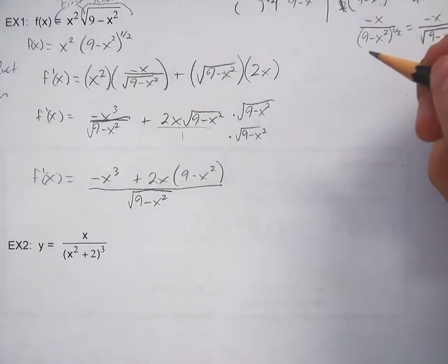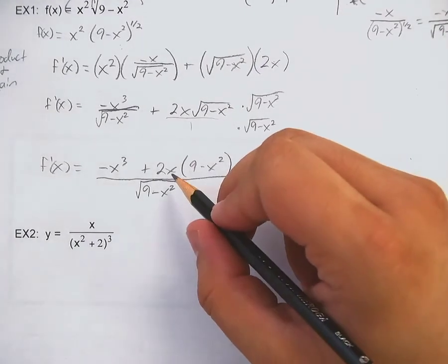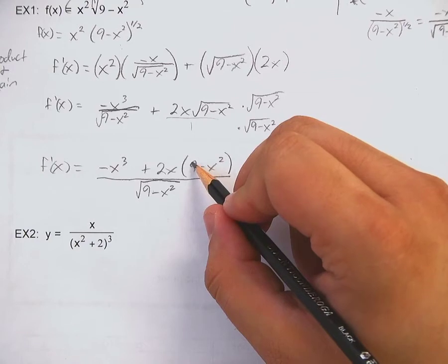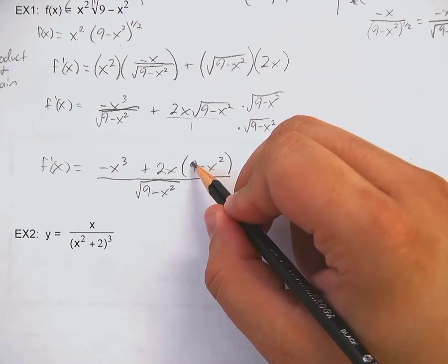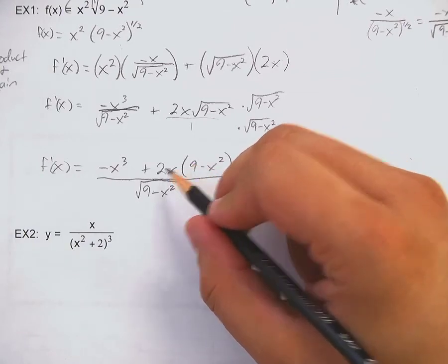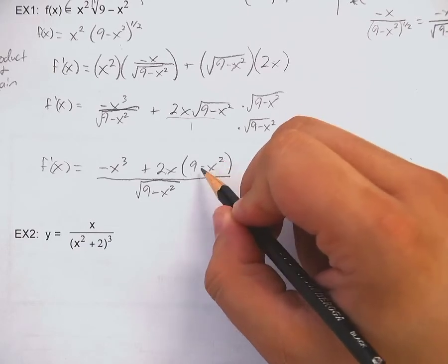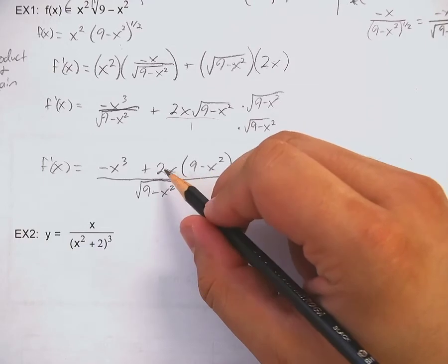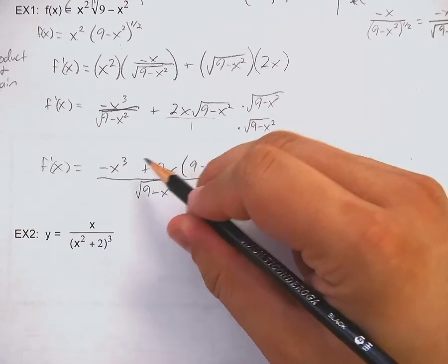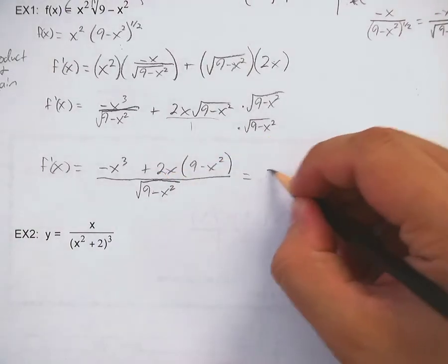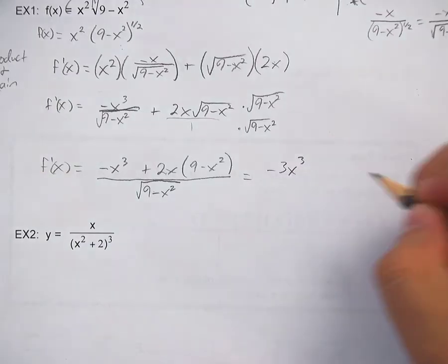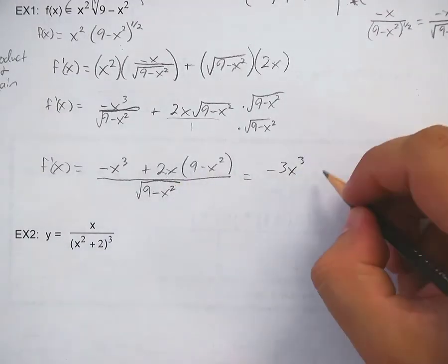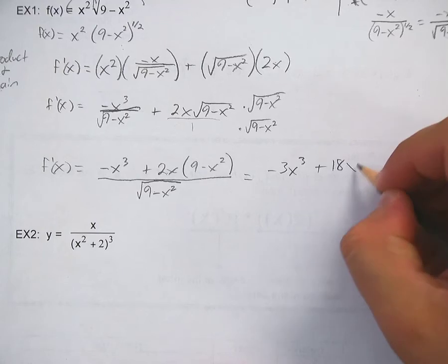And then just simplify a little bit. We've got 2x times 9 is 18x. 2x times a negative x squared is negative 2x cubed. So let's simplify. We'll have a negative 2x cubed and a negative 1x cubed. Well, that's a negative 3x cubed. 2x times 9, so plus 18x.